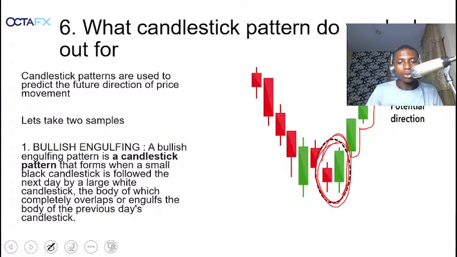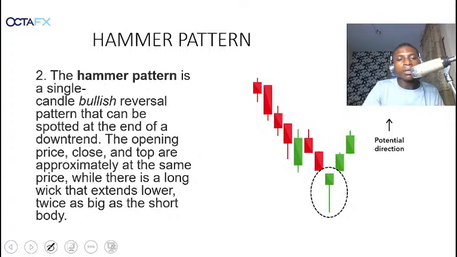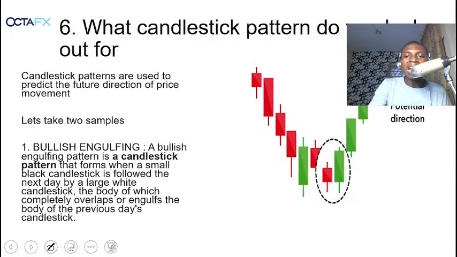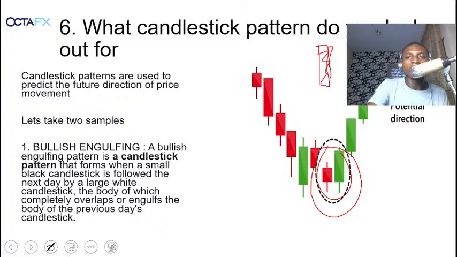All right, awesome. So these are the kind of candlesticks I look out for. Okay, now the next one I look out for is the hammer. Now don't forget, this is just the bullish engulfing candle. We have the bearish engulfing candle, the reverse of this, where we have a bearish candle enveloping a green candle.